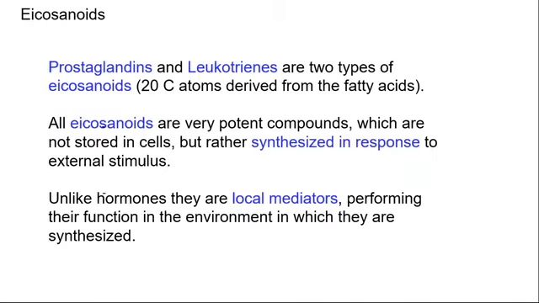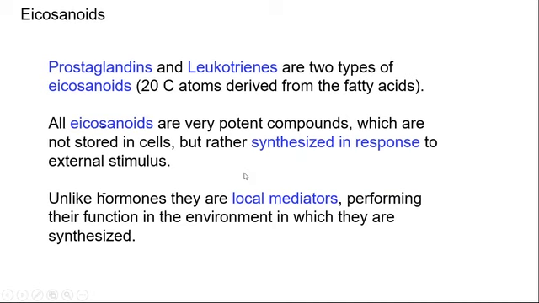Then we look at the eicosanoids. In the eicosanoids, you have prostaglandins and leukotrienes. These contain fatty acids which have 20 carbons, and these eicosanoids are all very potent compounds, and they are synthesized in response to an external stimulus.